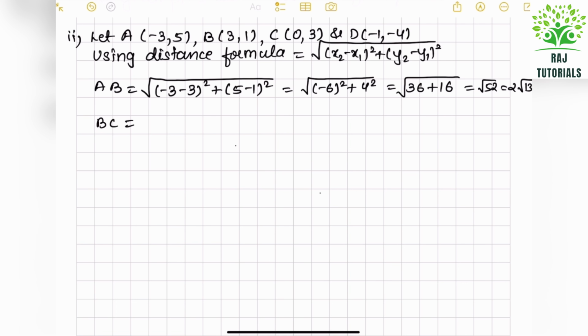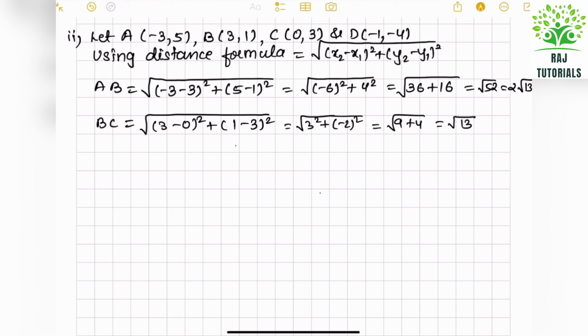Now BC will be 3 minus 0 whole square plus 1 minus 3 whole square. So that is 3 square plus (-2) square. So that is 9 plus 4. So that is coming as root 13.